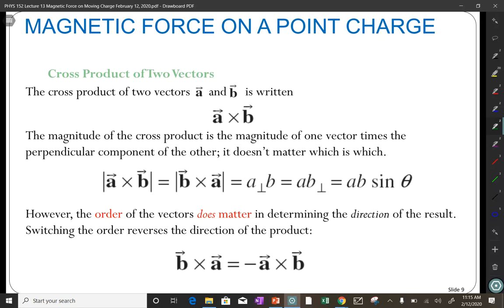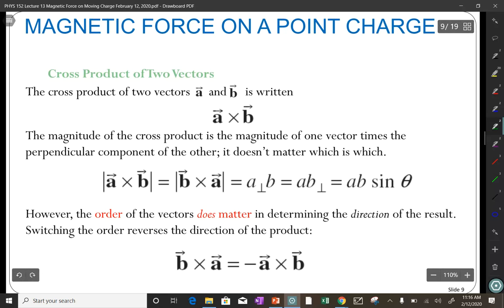Notice the middle line here. What does it mean if you have the vertical lines on either side of A cross B? Okay, absolute value, which with vectors means magnitude. So the size of the vector, its magnitude, A cross B is the same as B cross A for magnitude.